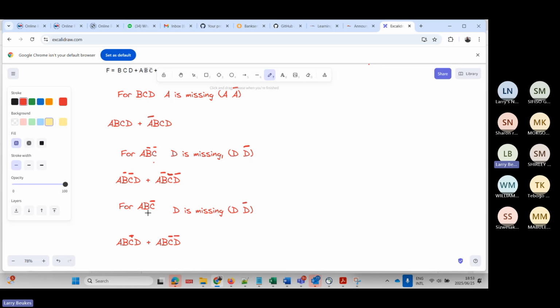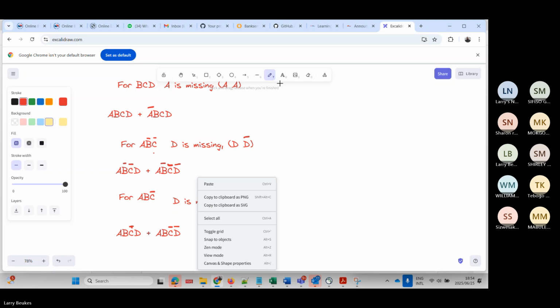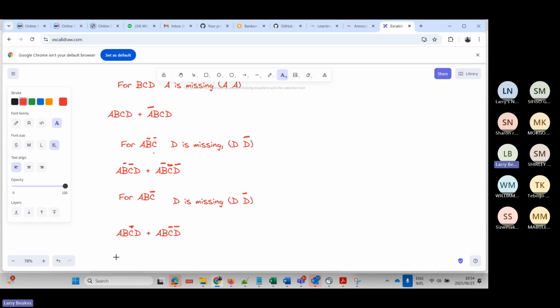So our final answer will have 6 terms: 1, 2, 3, 4, 5, 6.